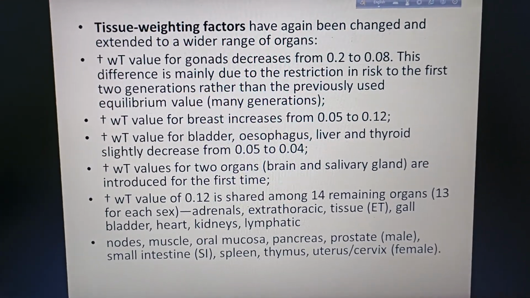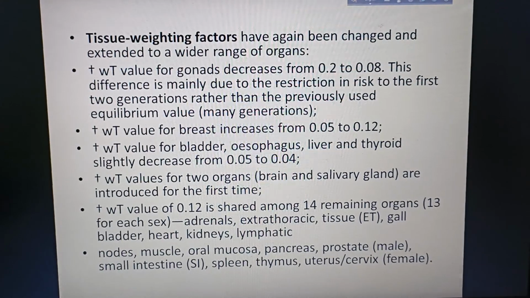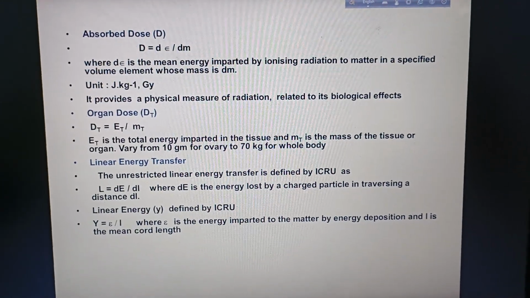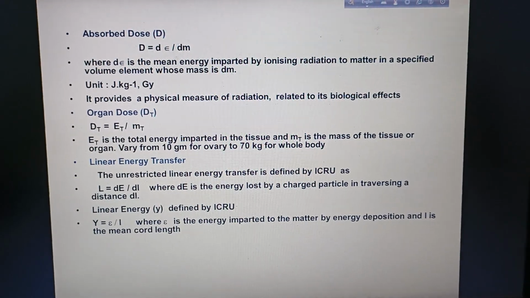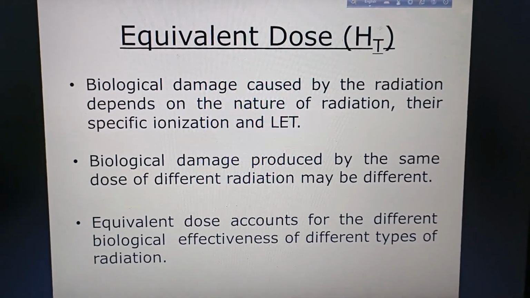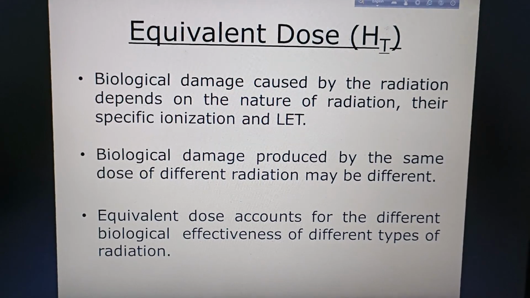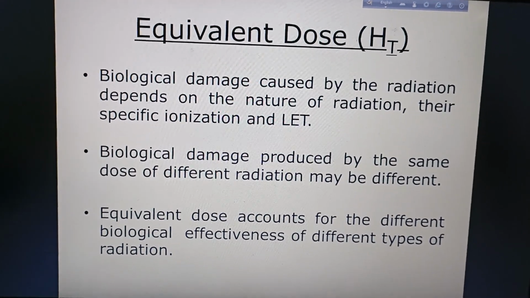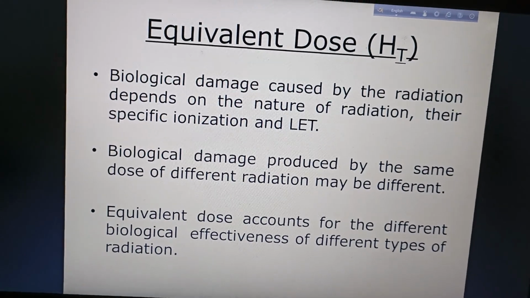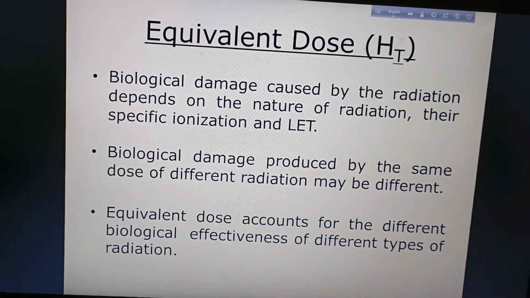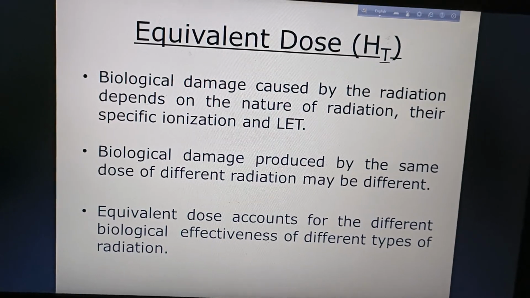You are also seeing that. Tissue weighting factor. Absorbed dose. There are a lot of different definitions about this. Okay. So equivalent dose. What is equivalent dose? Biological damage caused by radiation depends on the nature of radiation, its specific ionization, and LET.